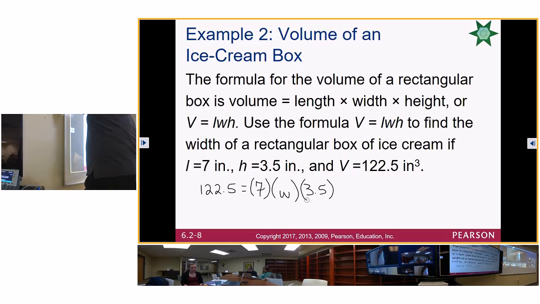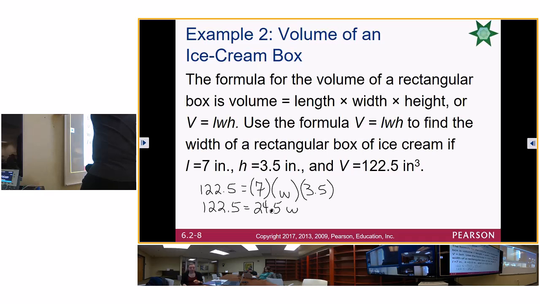Now, somebody multiply 7 times 3.5, let's see if I can do it, 24.5, somebody check me. So that's 24.5 W, depending on where you're from.